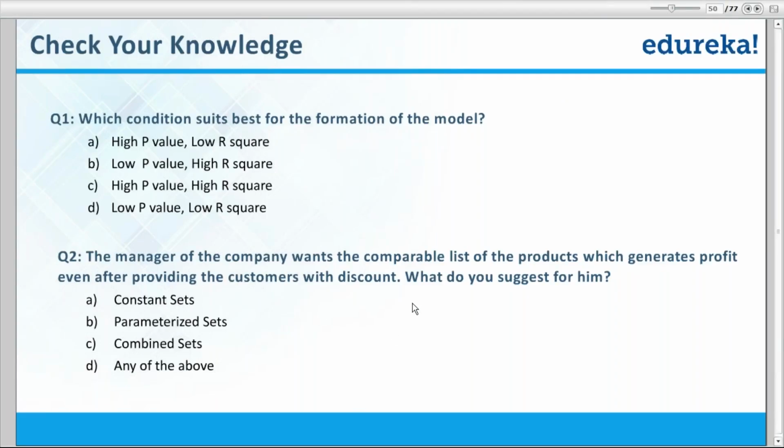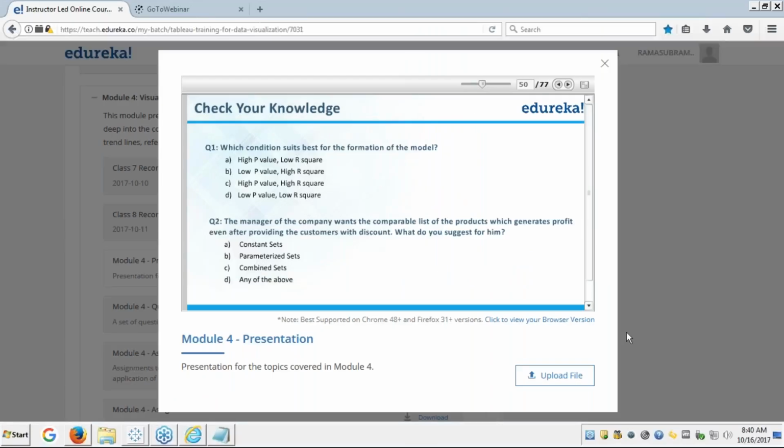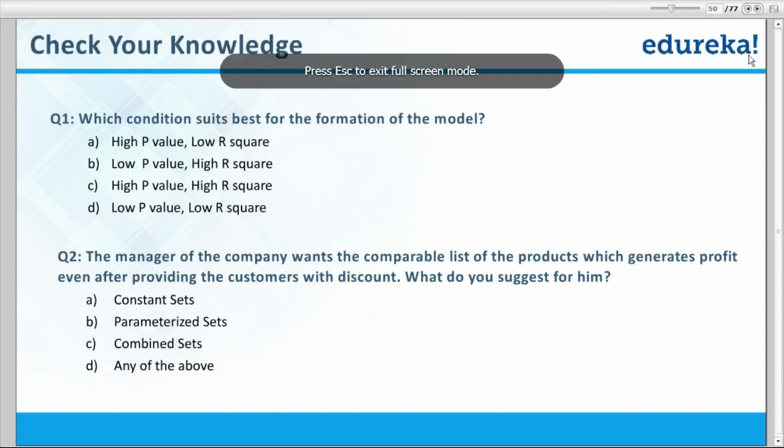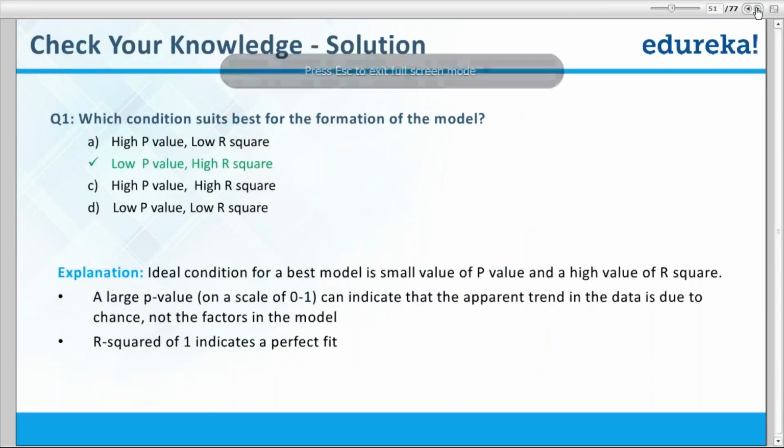What do you suggest for him? Some of you have answered it as D. We'll see what is the right answer.